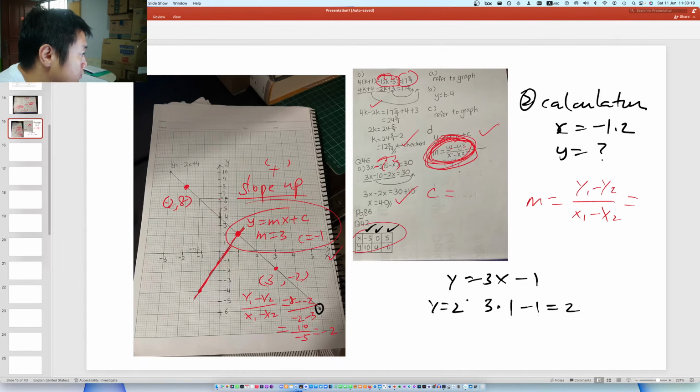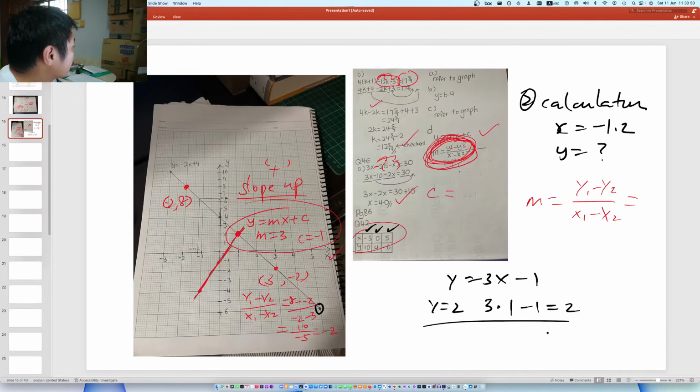So can you tell me the rationale behind this step? I'm not saying it's wrong, but it's already given. The question already gave us the coordinates of one of the points on the line. You see, you are very ambiguous. Point. So many points.